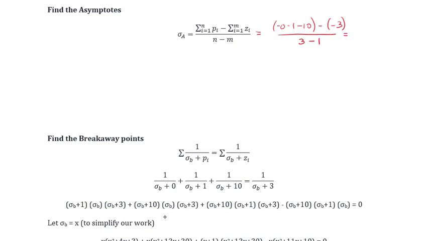So that's going to be minus 11 plus 3 all over 2, which is minus 8 over 2, or minus 4.